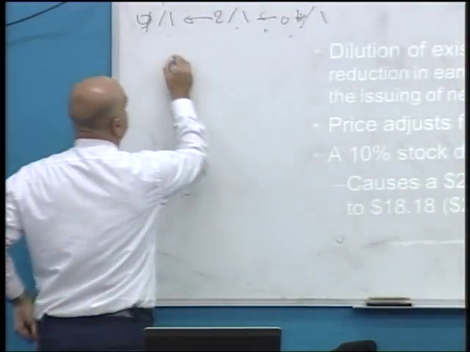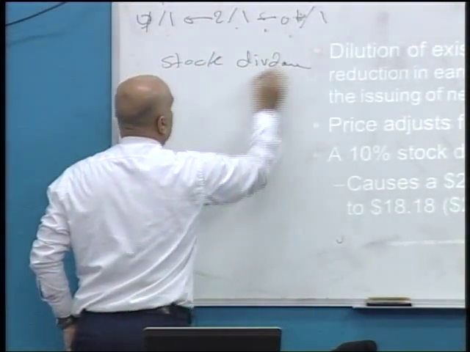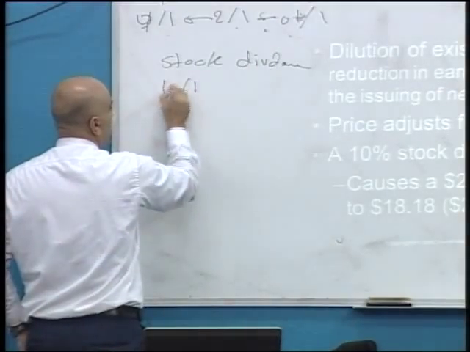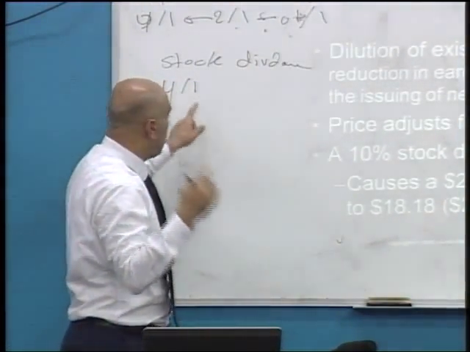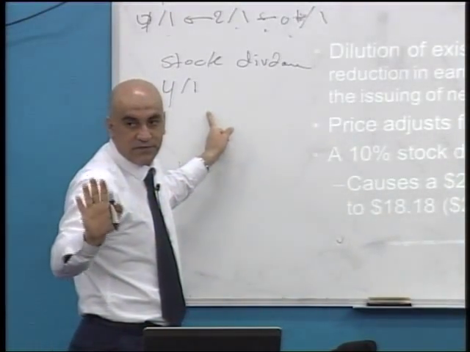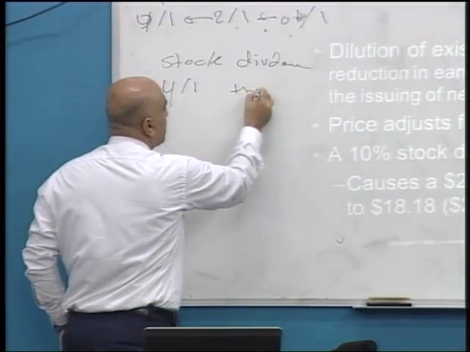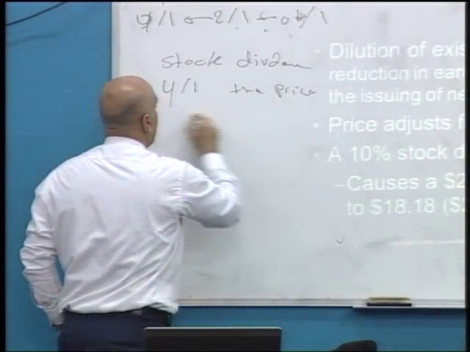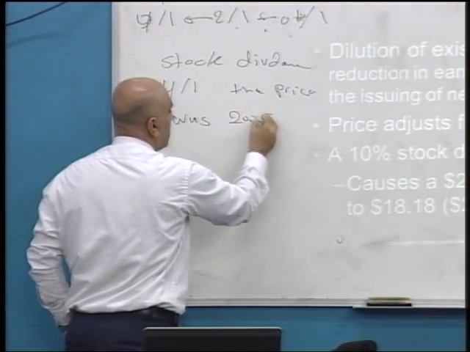Stock dividend 1 to 4. You know what it means, 1 to 4? One stock receives 4 dividends. The price was $200.